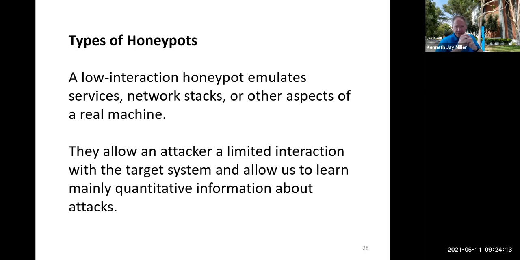So we just get to see how many attacks, how many probes, how many brute force password cracks did they do. We can see that kind of information. We're not going to really see the qualitative information, the step by step. If we want that level, we need a high interaction. A low interaction will not give us that. Okay.